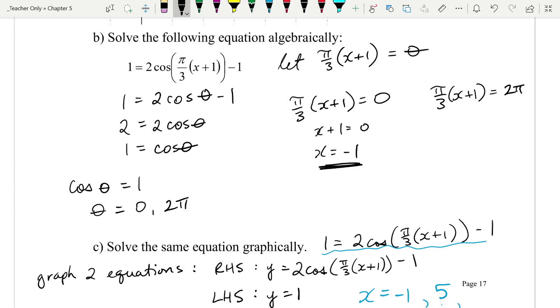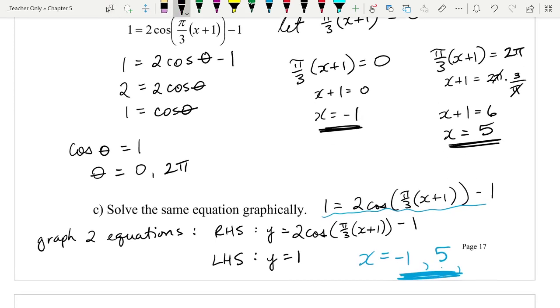And this one, I'm going to divide both sides of the equation by pi by 3. And of course, dividing by a fraction is the same as multiplying by its reciprocal. And there's my other answer. Same answer as we got from the graph. -1 and 5. Neat, huh?